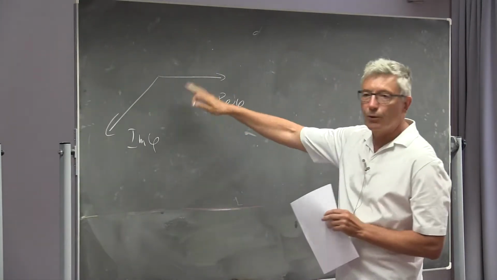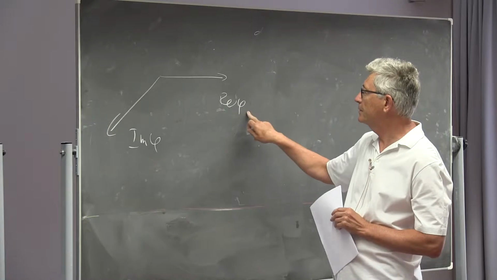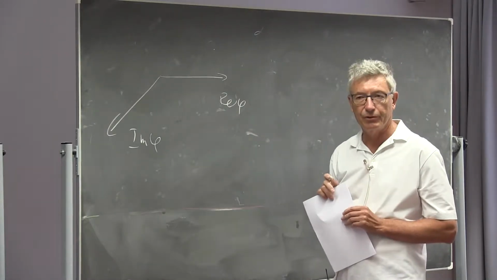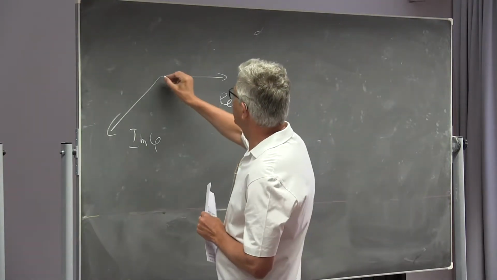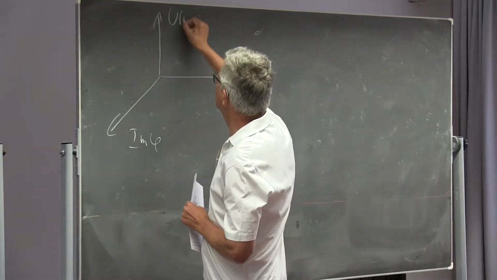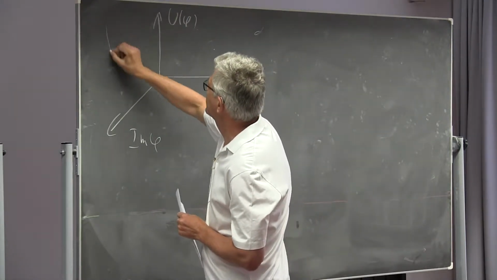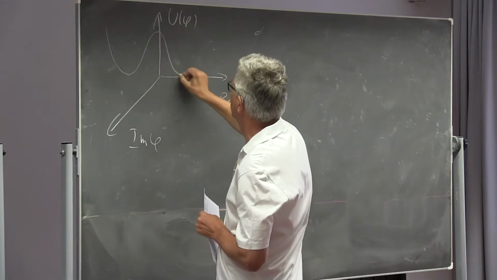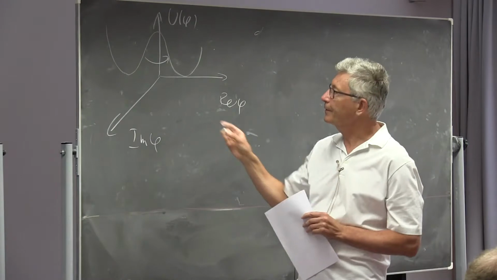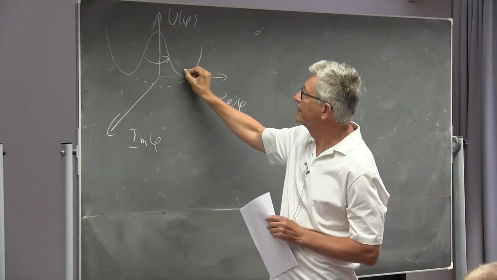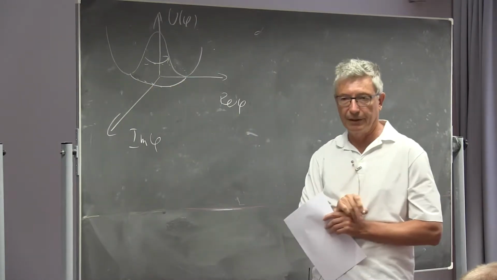Okay, so let's look at the plane where we have our complex field. This is the real part of phi, and this is the imaginary part of phi. And then here is the potential U(phi), and the potential is this type of figure, which you should rotate in this direction. And then we get here the set of vacuum states.